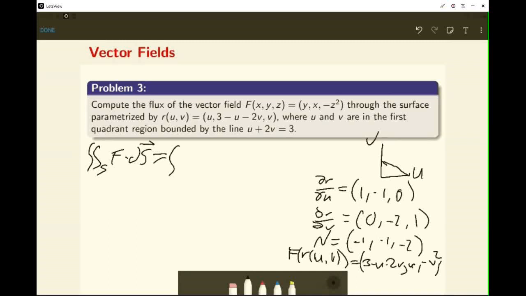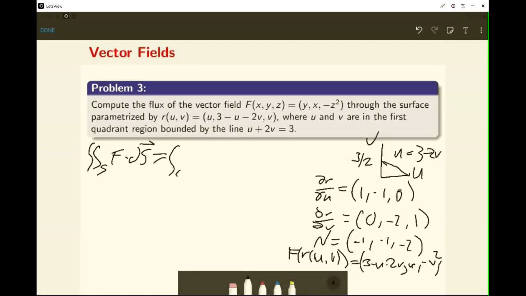If we think about parameterizing this region, we can see that v goes up to 3/2, and that this line is something that we could solve as u is 3 minus 2v, giving this right bound in u.